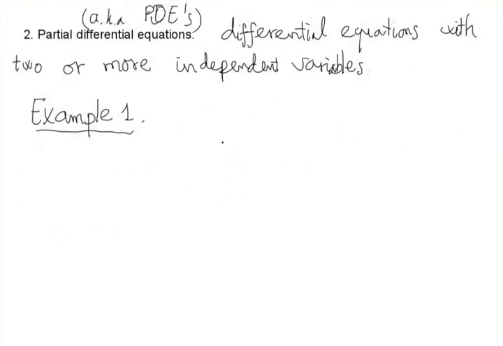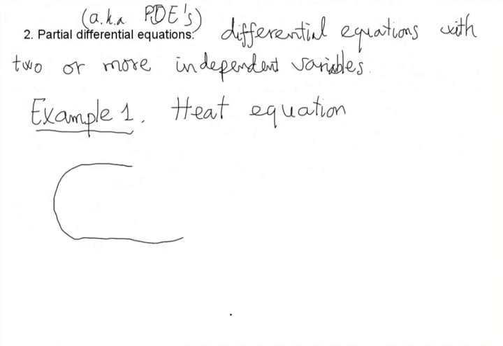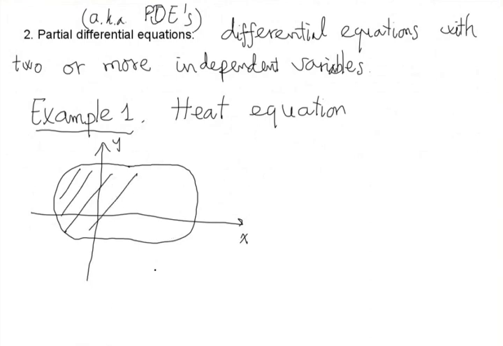In this example, we will consider the so-called heat equation. So say we have a metal plate on the plane. Let me draw the coordinate system like this, with x and y coordinates, and here we have a metal plate with a certain shape.